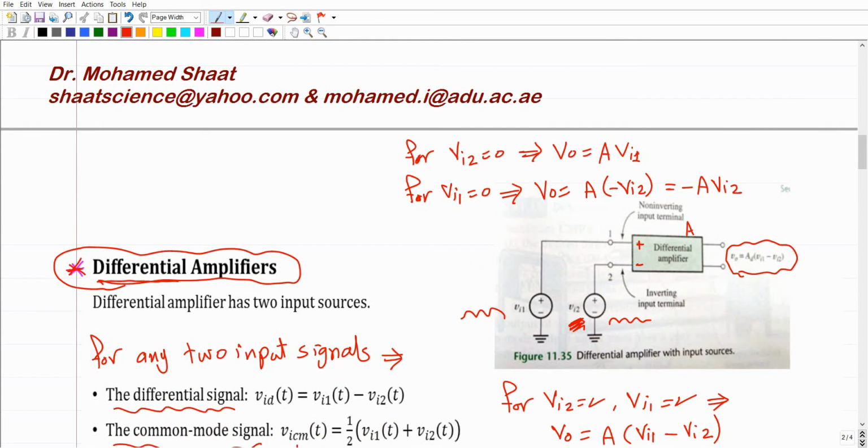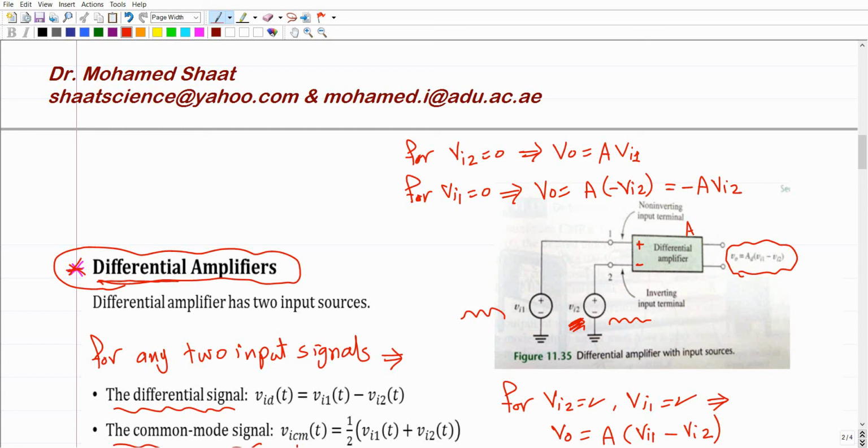We have some types of amplifier that take two inputs and give one output. We have some that take two inputs and give two outputs. We have some that take more than two inputs and give more than one output. So we have a bunch of types of amplifiers.